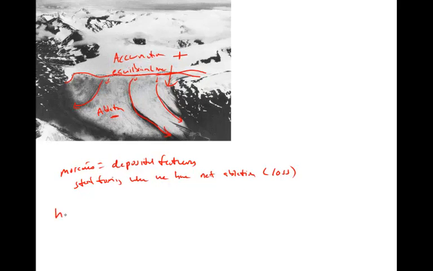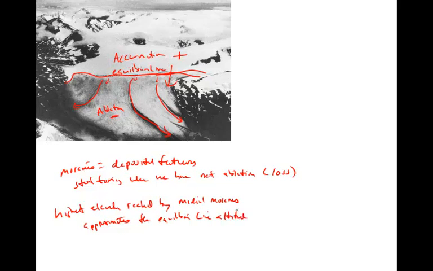So the highest elevation reached by the medial moraines can be used to approximate the equilibrium line altitude. In other words, can be used to approximate the altitude separating the accumulation area with net gain of mass from the ablation area with a net loss of mass.